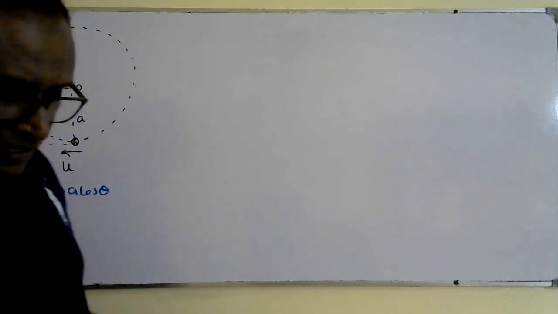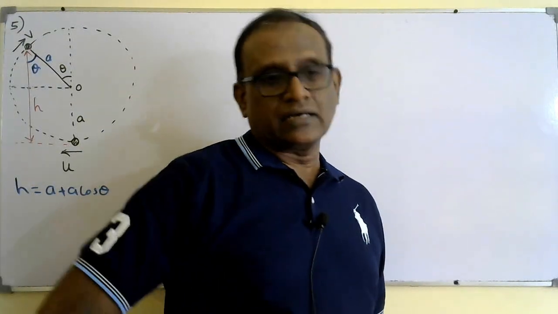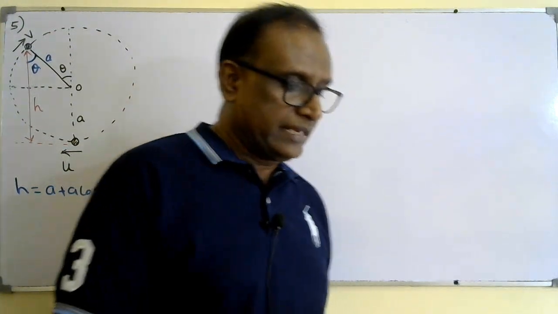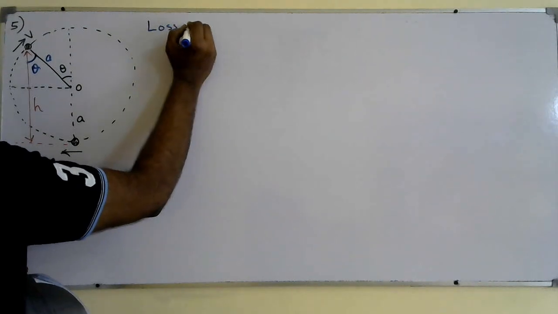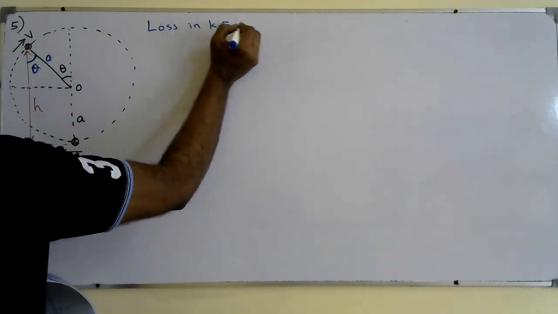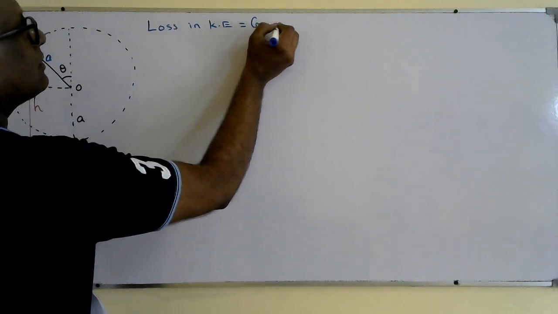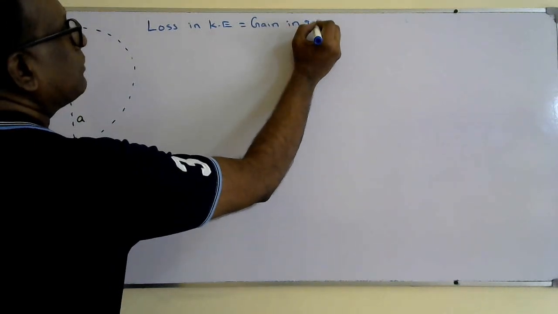For the relationship between initial speed and final speed, loss in kinetic energy equals gain in gravitational potential energy.